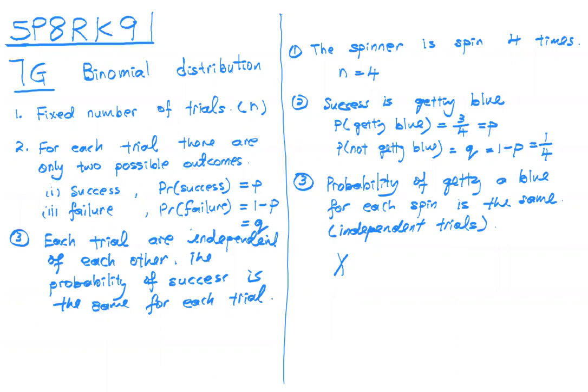Okay, so this 1, 2, 3, these are called the criteria for binomial distribution. So now we want to define the variable for binomial distribution. Every question you must define the variable. So X is the number of success out of n trials.